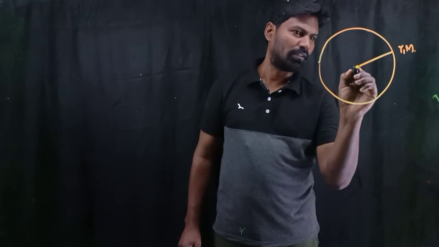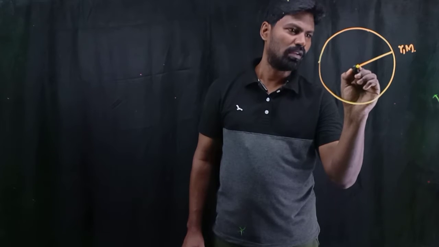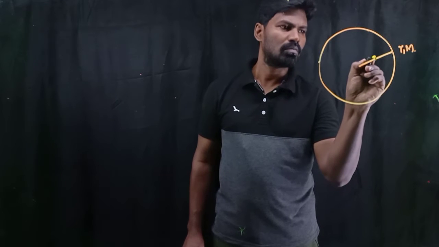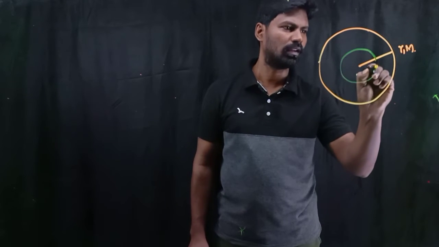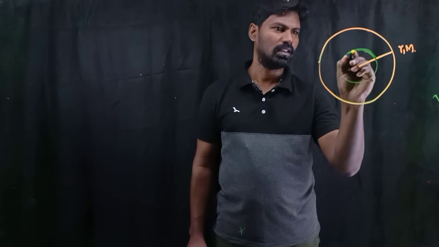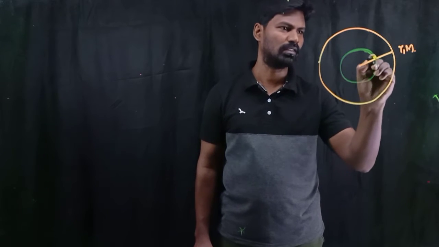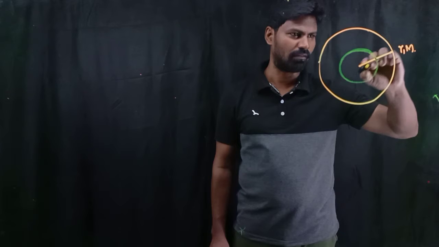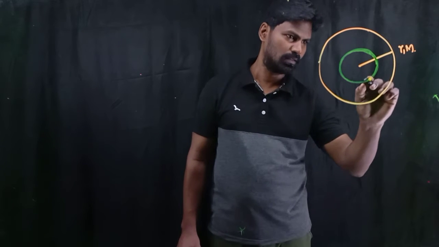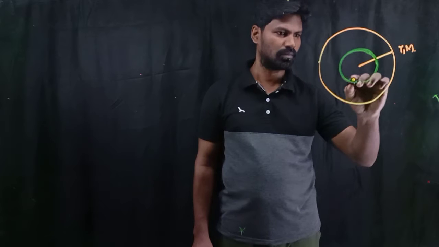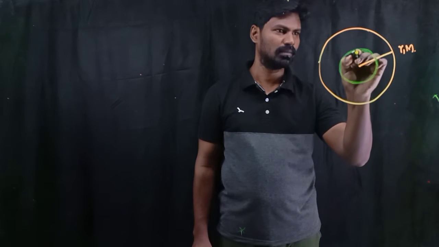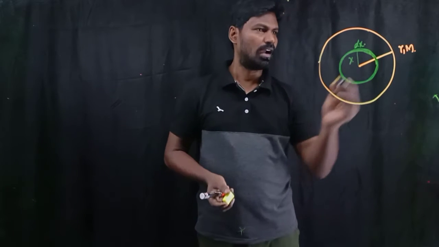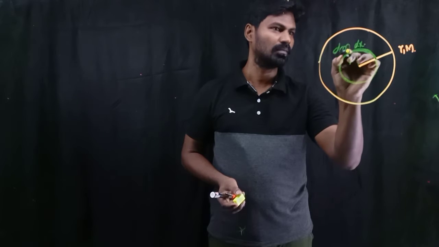So to measure it, I will consider a small spherical shell of radius x, with thickness dx. I don't know its mass, so I am taking it as dm.